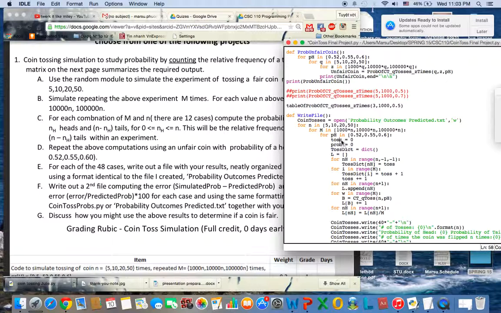So toes is 0, prop equals 0, and the dictionary toes dict, and the list L. So for number of heads in range of N, we do it gradually. So we add it to the dictionary.